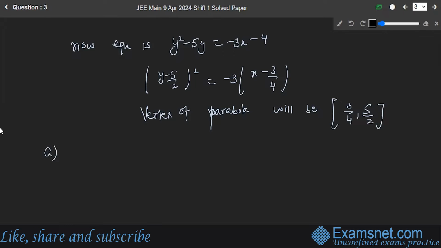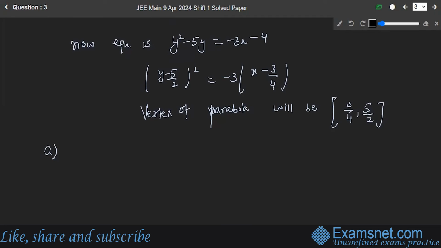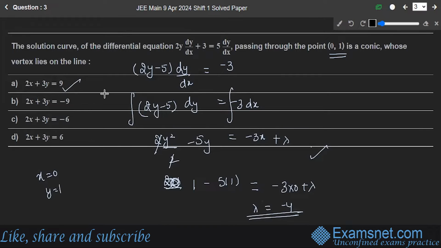First option, it matches: 2x plus 3y is equal to 9. 2x plus 3y should be equal to 9. This gives me 3/2 plus 15/2, which is equal to 9. That is it. I got the first option as the right answer. 2x plus 3y is equal to 9. Option A is the correct answer. Hope you understood that. Let's move to the next question.